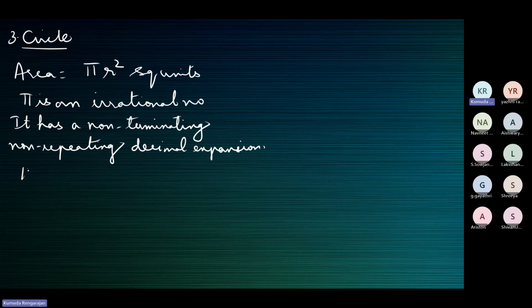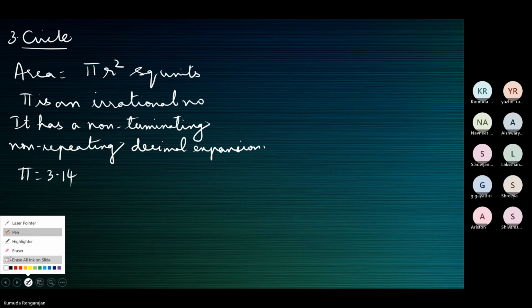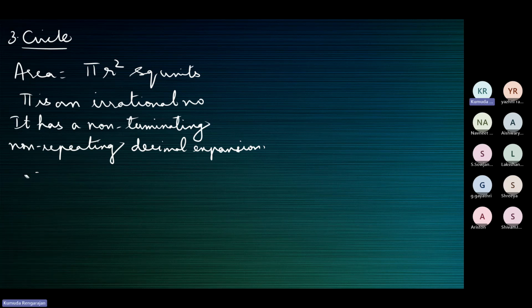So we take an approximate value for calculation. We either take pi is equal to 3.14, only if it is given or provided in the question. The default value of pi that you should take is 22/7. If nothing is mentioned, you should take 22/7.